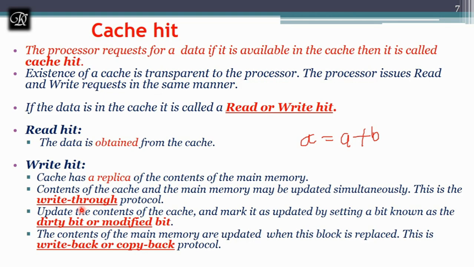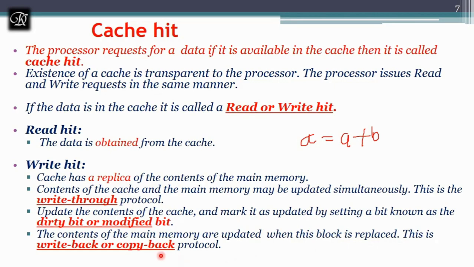Protocol is nothing but a set of rules, which can be a simple algorithm. Or else, update the content of the cache and mark it as updated by setting a bit known as a dirty bit or modified bit. The content of the main memory is updated when this block is replaced.